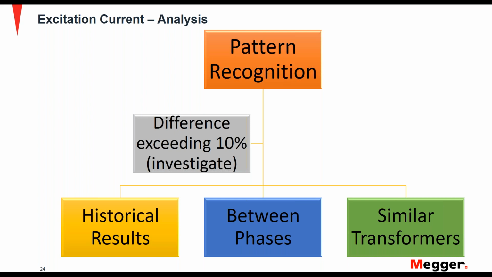If it exceeds 10%, then you would go into investigative mode, where you would start checking all your connections and your test setup, and one of the most crucial points is to check whether the transformer core was demagnetized, or what the magnetization status of the core was before the excitation current testing had begun.